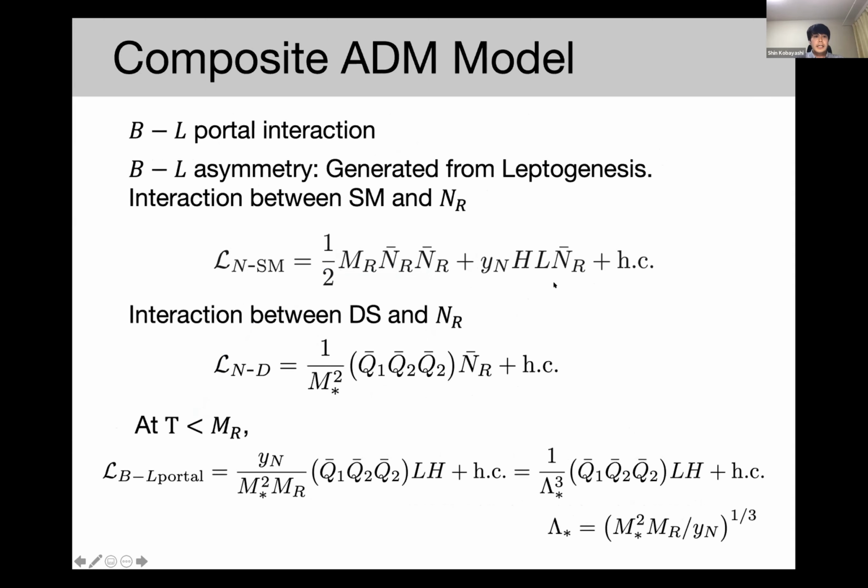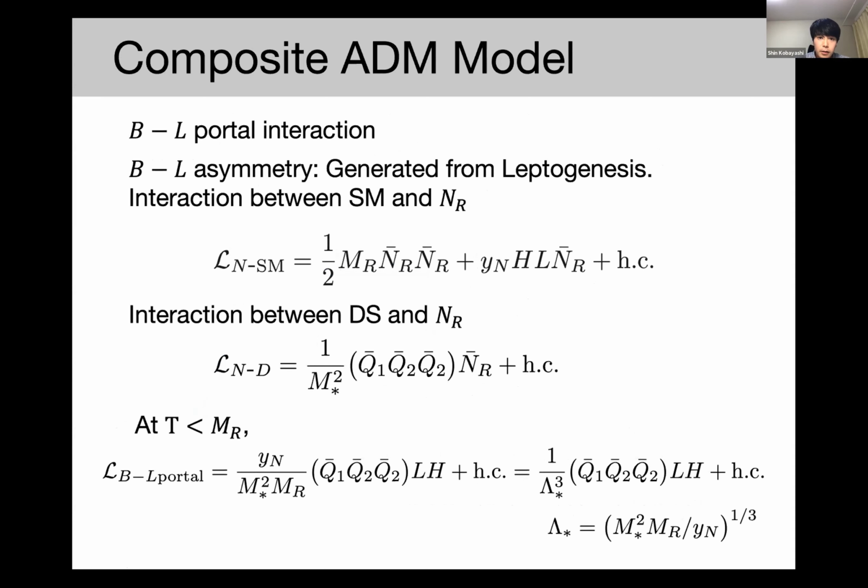And next, we also need a B-violating interaction and a B-asymmetry generation mechanism, because we have to generate the asymmetric part of the dark matter. And we adopt leptogenesis to generate the B-asymmetry.